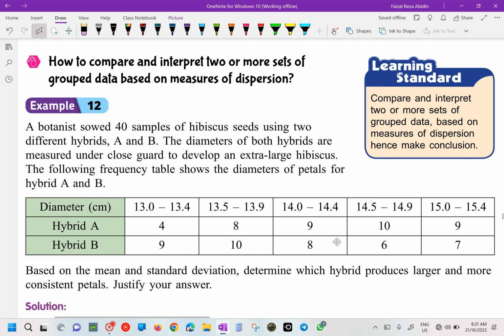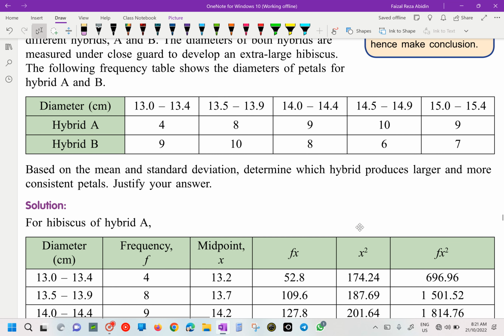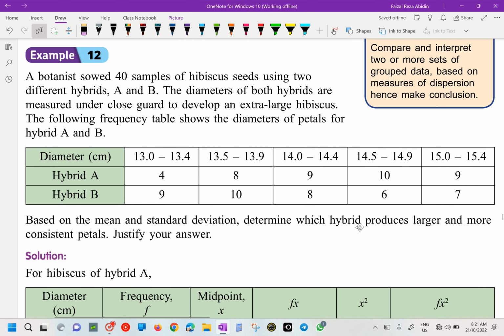Okay, in Example 12 over here, we are going to have two different hybrids, A and B. From A and B, we are going to find our mean and standard deviation.